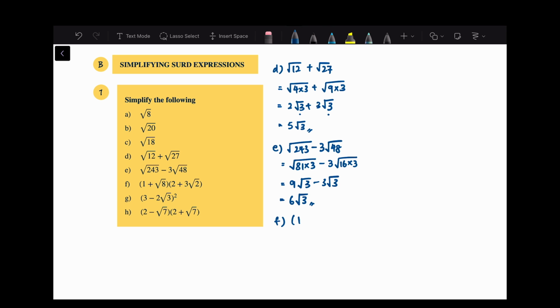For part F, 1 plus root 8 and 2 plus 3 root 2. We're going to multiply the terms one by one, not to worry. So 1 multiplied by 2 and 1 multiplied by 3 root 2. The next term will be square root 8 multiplied by 2 and square root 8 multiplied by 3 root 2. We can write the terms as such.